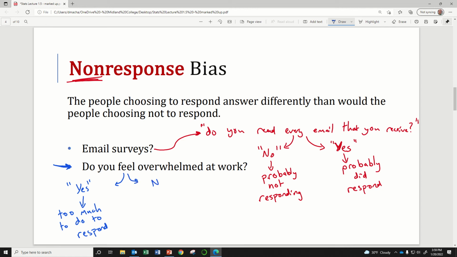Whereas the people who do not feel overwhelmed at work, maybe they have free time during their day while they're at work, they actually might respond because, hey, they have the downtime in their day set aside to do that. So you might think about the way that you are seeking out people, and see if the question that you're asking has anything to do with whether or not your sample is going to respond to your survey.